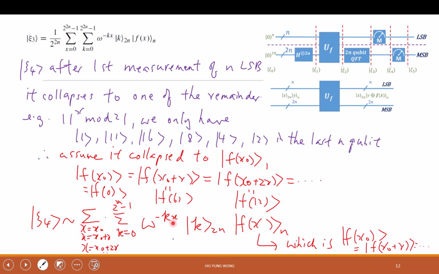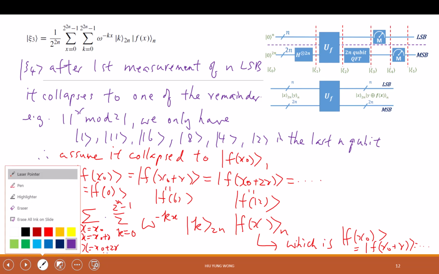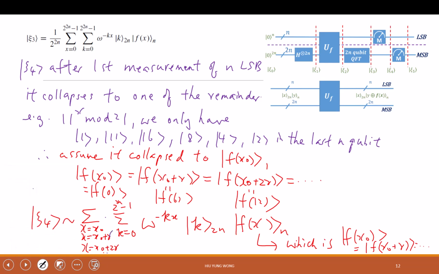Then what is left over is the term for 0, plus the term for 6, plus the term for 12. Only these terms are left. But originally we have the terms for 0, 1, 2, 3, 4, 5. First term. Second term. The second term is whatever you have plus r.